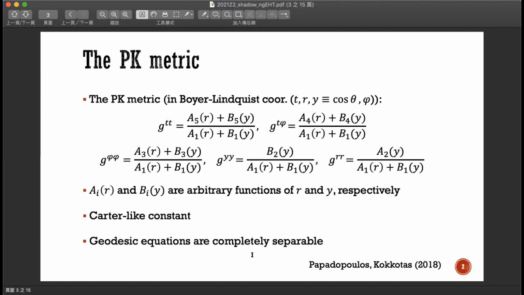This means that we can start with a very general metric proposed recently by Papadopoulos and Kokkotas in 2018, this metric in Boyer-Lindquist coordinates. The metric functions contain 5 arbitrary functions of r and 5 arbitrary functions of the polar angle y, which is cosine theta here. It has been proven that for this PK metric, the geodesic equations are completely separable. Okay.